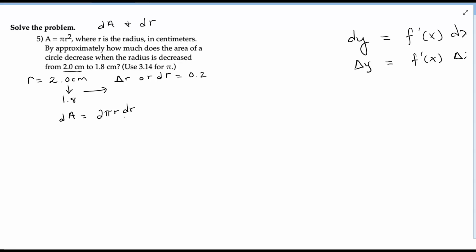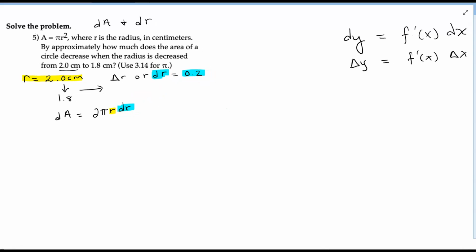Now all we have left to do is plug in the information we were given. We know that r is 2 centimeters, so that goes right here, and our dr is 0.2, and that goes right here. The rest is easily computed on a calculator.